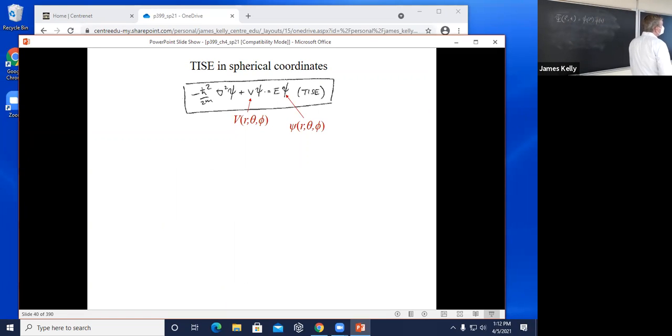The real difference happens in solving the time-independent Schrodinger equation, where now the potential is a function of x, y, and z, or we're very quickly going to do it in spherical coordinates because radial potentials are particularly interesting.